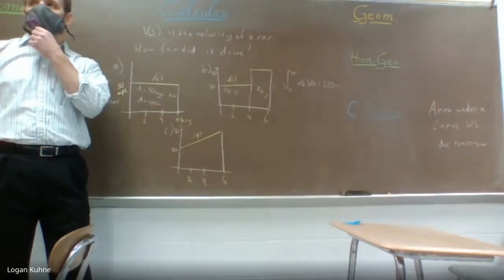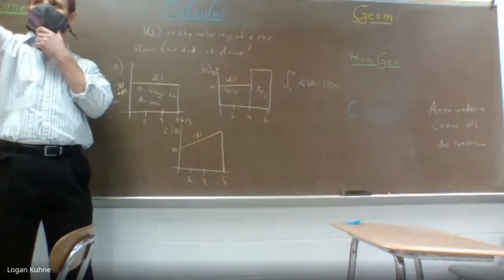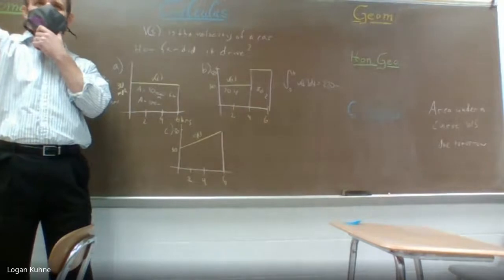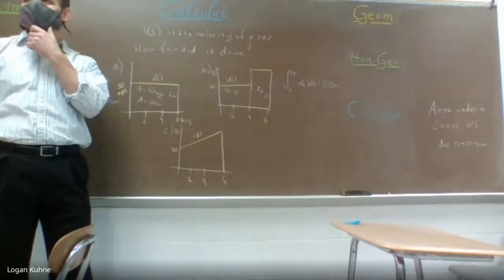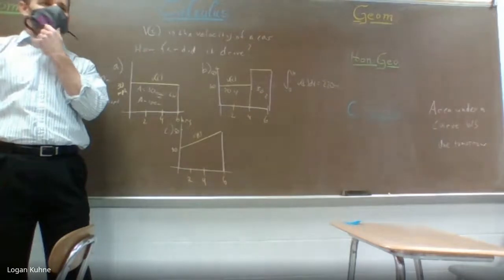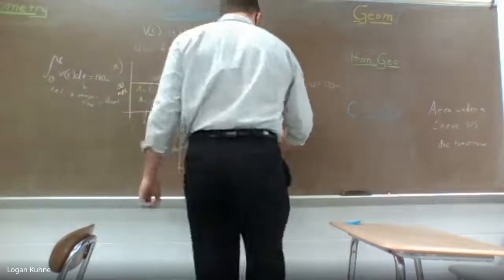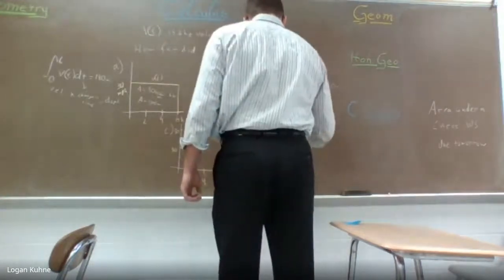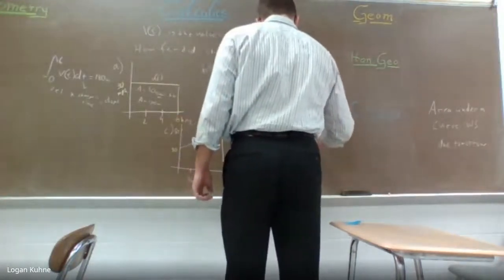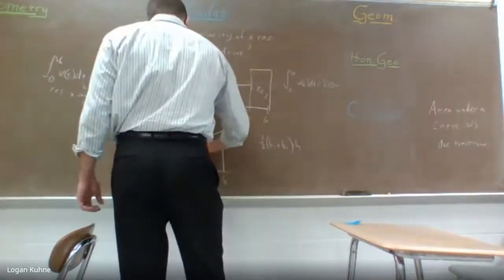I will give you a hint. It's right over there. You see it? Yeah. What is it? 1/2 of base 1 plus base 2 times the height. This is a trapezoid.